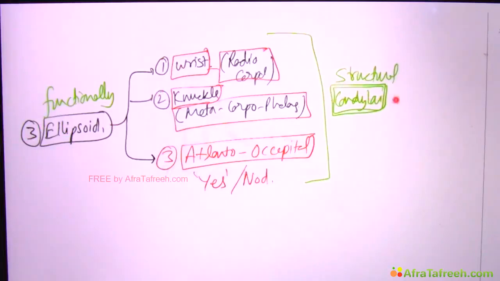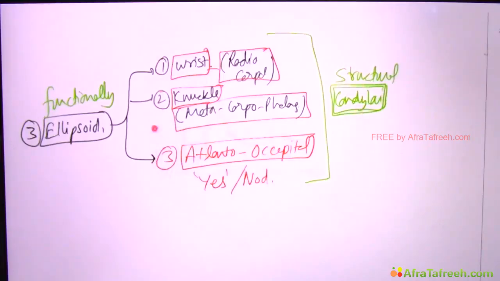Which one will you follow? If a question gives you both options, is it ellipsoid or condylar, your first answer should be ellipsoid. If it is not in the options, then say they may be considered condylar structurally. That is the second answer, but they are poor examples of condylar.